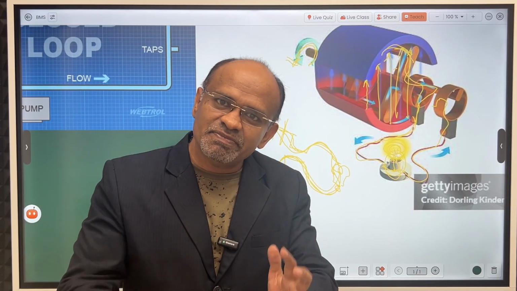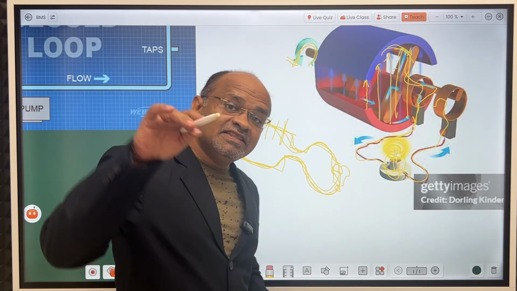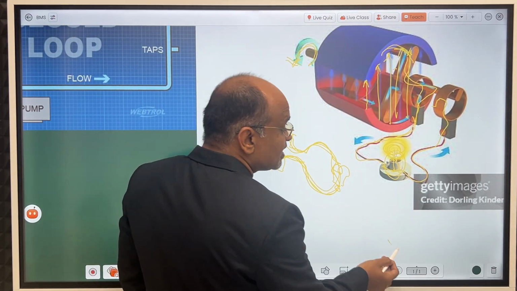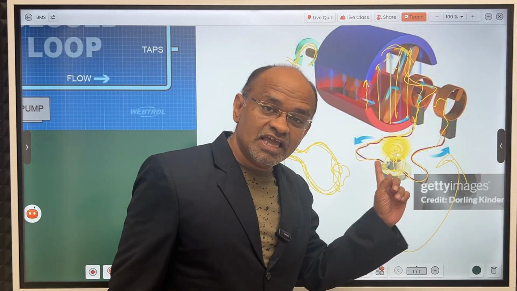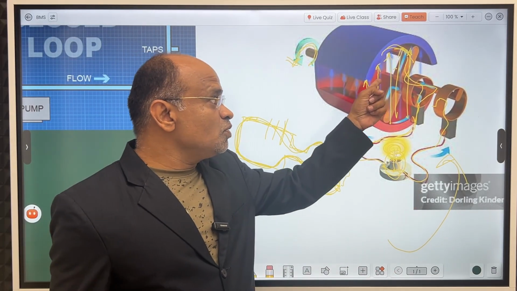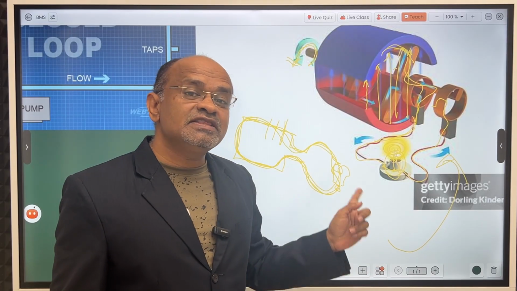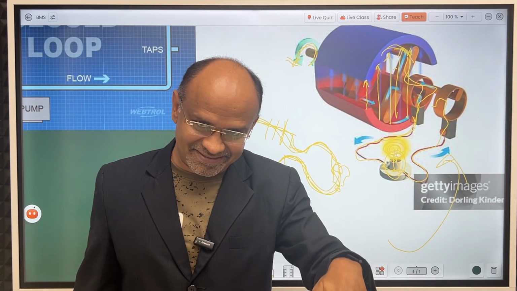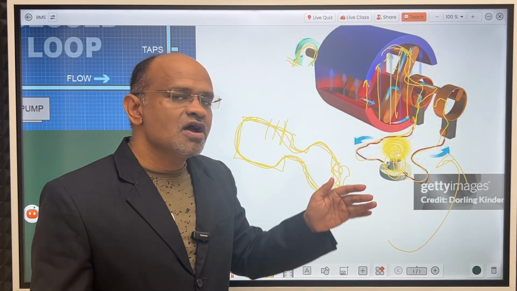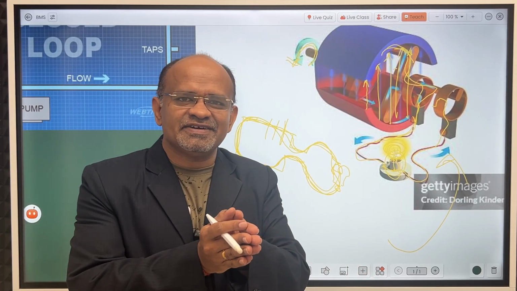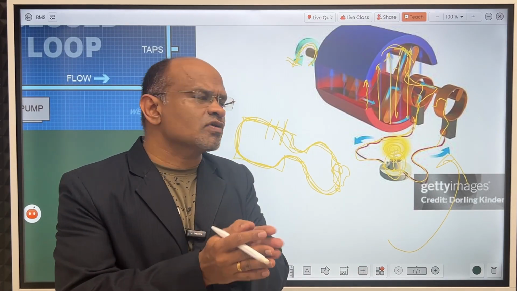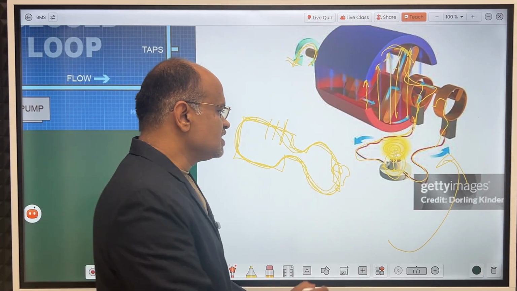Okay, if you put a bigger stone, then what will happen in the generating station? A bigger generator kicks in. If they are not able to push or rotate this alternator, what will happen? They will put more water. Okay, more water, or an additional generator is added. More electrons will flow through this system.